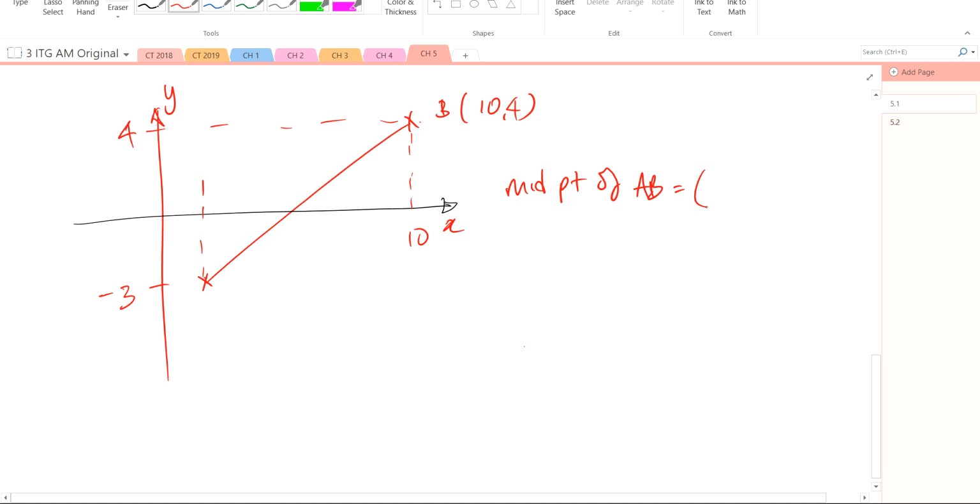What's the midpoint of AB? Wait, I didn't give this, right? So let this be 2 lah. 2 and negative 3. Okay, so come, what's the x coordinate? 10 plus 2 over 2. Y coordinate? 4 plus negative 3. Okay, then divided by 2. And final answer?